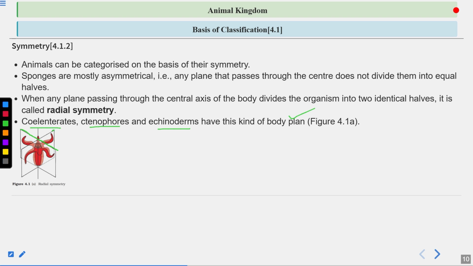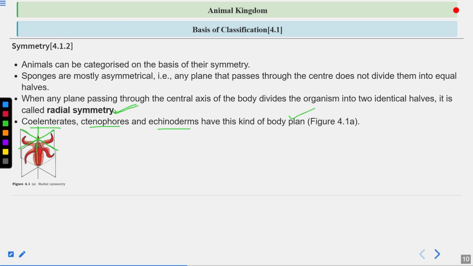You can divide this organism with this plane into two equal halves. And you can also divide this organism with this plane into two equal halves. So there are a number of planes that pass through the center of the organism and divide the organism into two equal halves. So such type of symmetry is called radial symmetry.